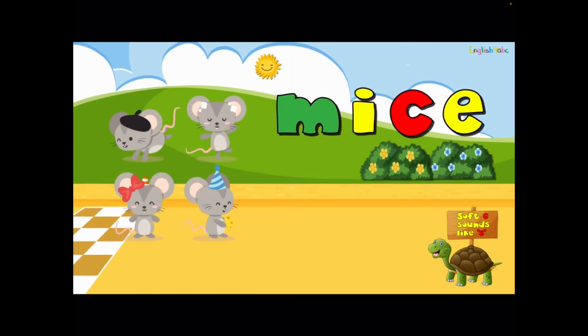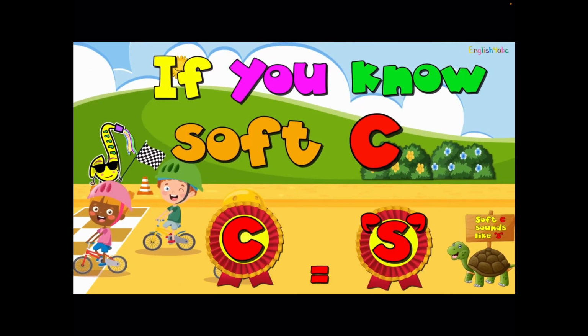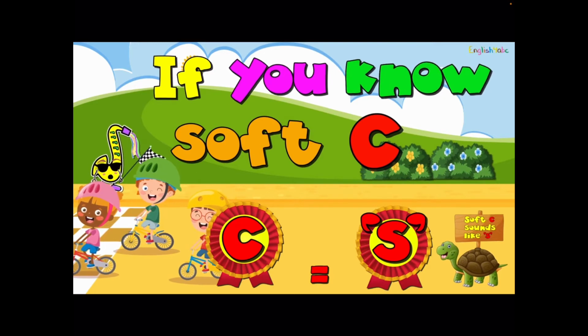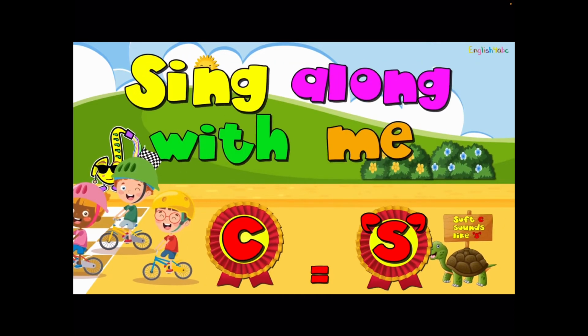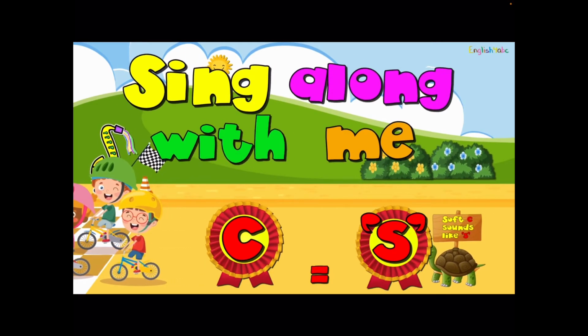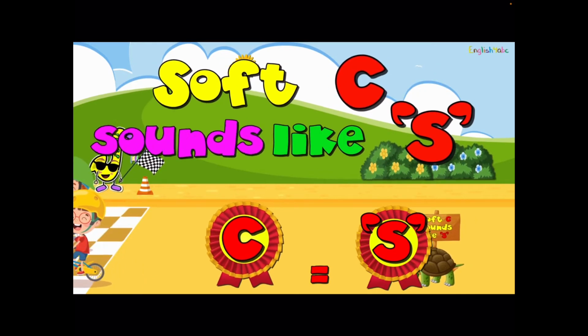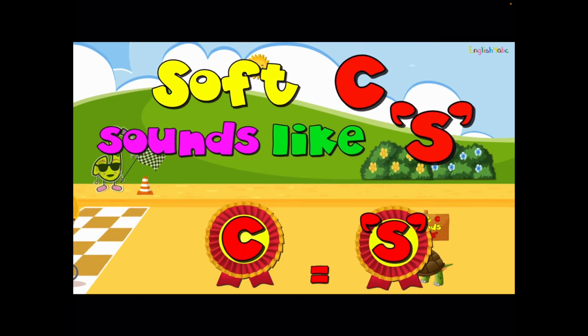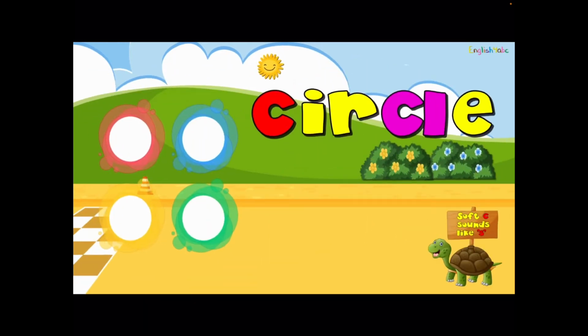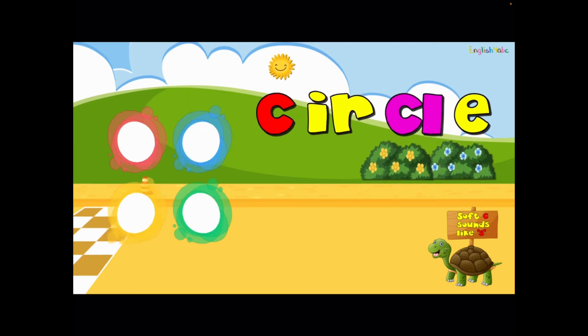Space. Mice. If you know soft C, sing along with me. Soft C sounds like circle, circle.